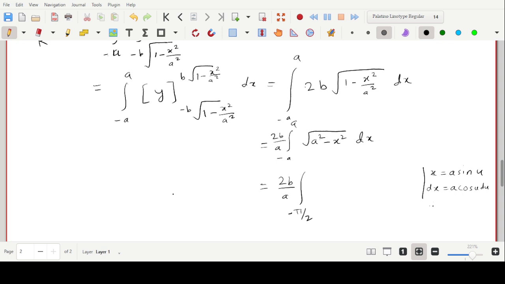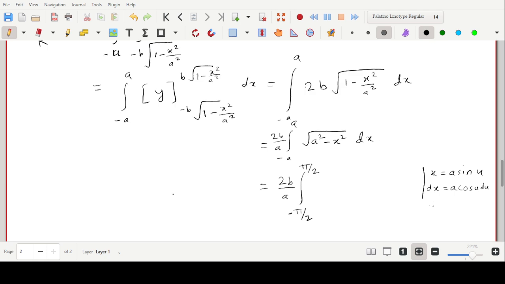And when x is a, if we substitute x equal to a, then we get sin u equal to 1, which means u is equal to pi over 2. So when x is varying from negative a to positive a, u will vary from negative pi over 2 to pi over 2.